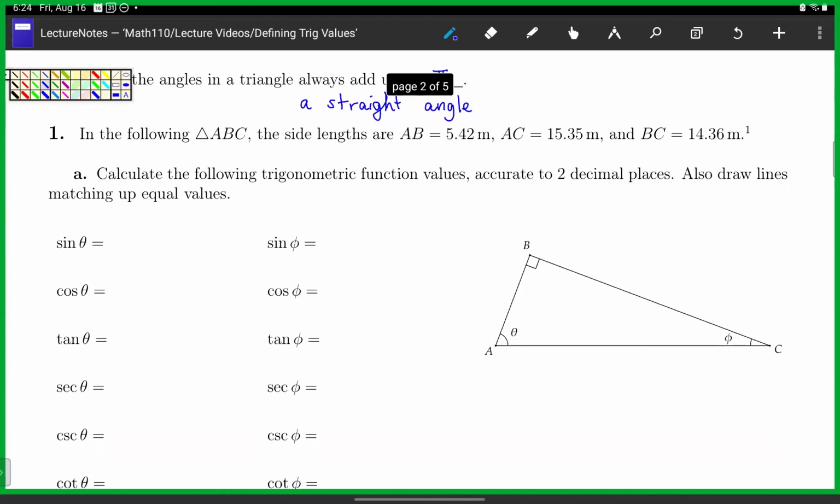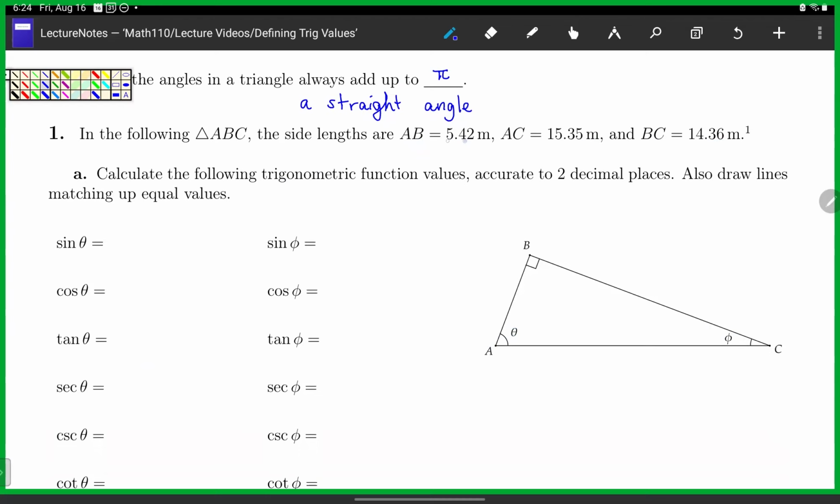Okay, so here's an example. I have this triangle. I am given a few side lengths, and I'm asked to find the trig values on these two acute angles. So let's put these numbers in.